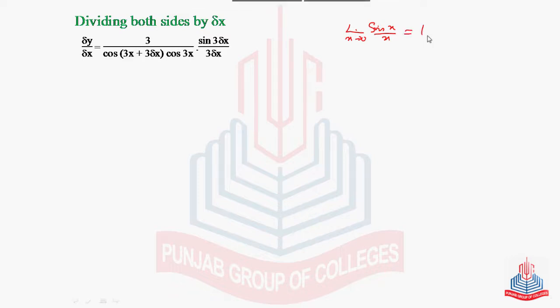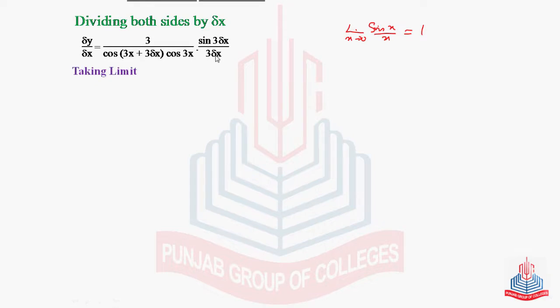So just to complete this result, we have the angle here, sine 3 delta x, but when we divide by delta x, along with this we have to take 3 to complete this result, as there should be in the denominator the same thing which is appearing as an angle with sine. So here we have sine 3 delta x, and when we divide by delta x, we must have 3 with this delta x. So we are just multiplying and dividing by this 3.